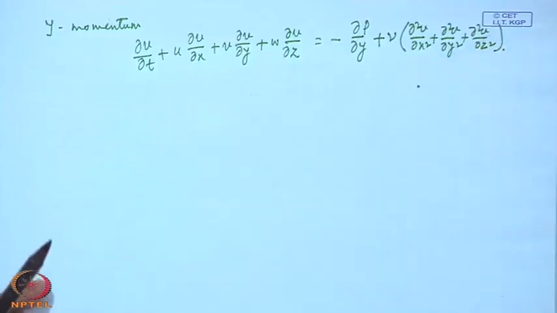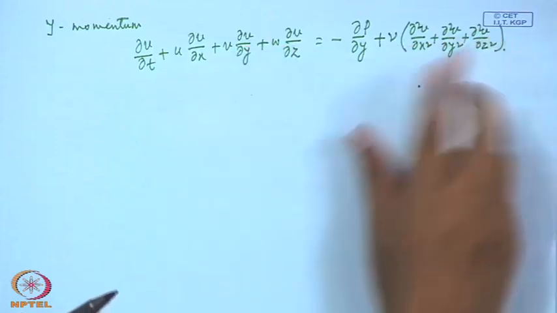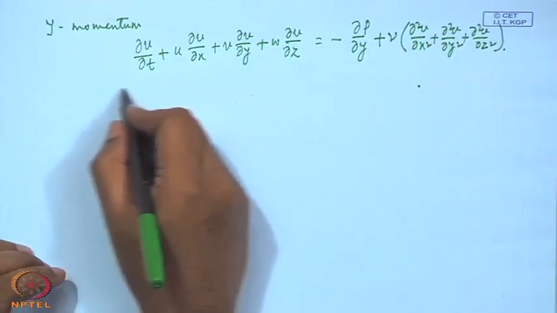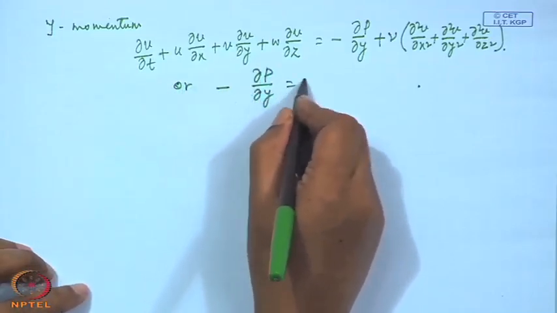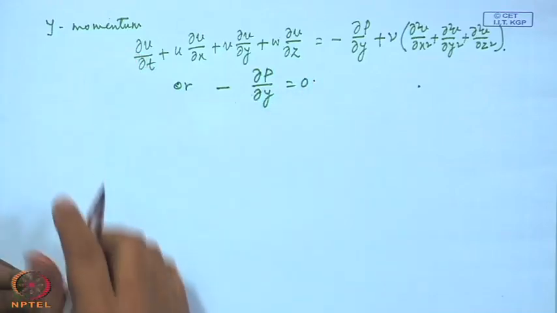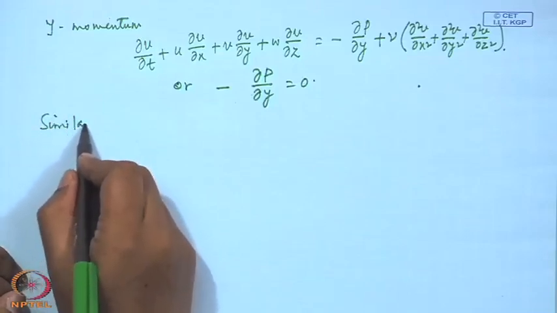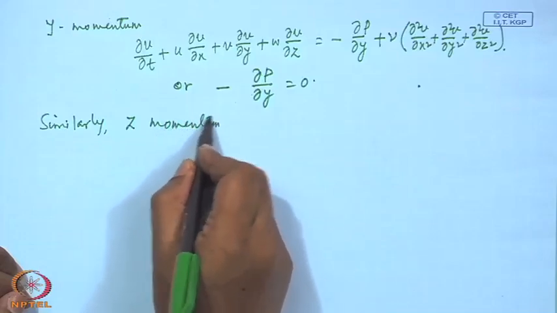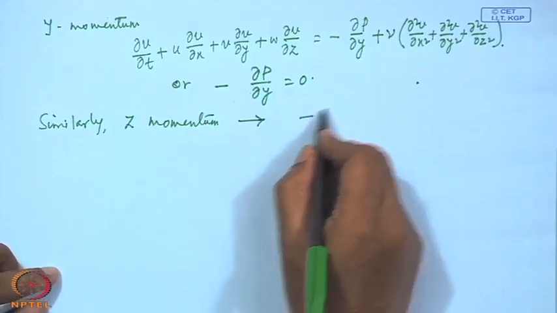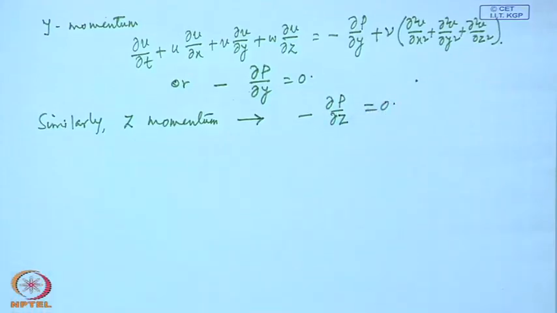So, all of them are 0, all the terms are 0, this is 0, this is 0, this is 0, this is 0 and this is all 0. So, it gives only the modified pressure derivative, and similarly the z momentum will also come as, z momentum will give, that is, that modified pressure is not changing in the y and z direction.